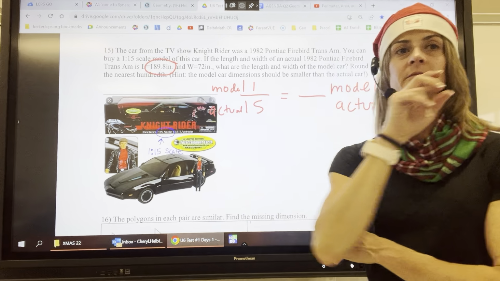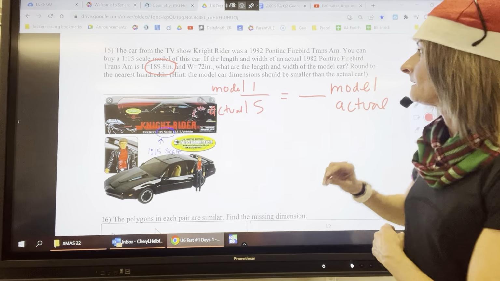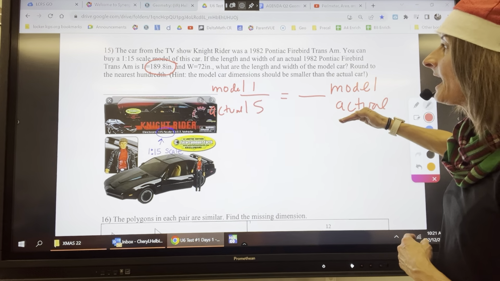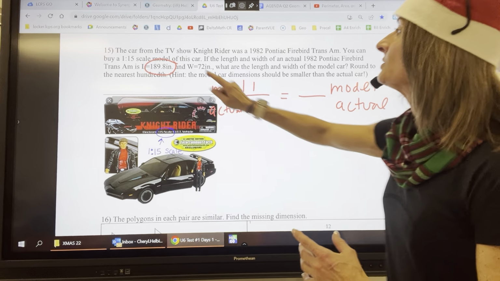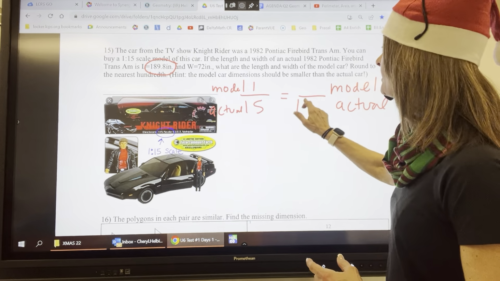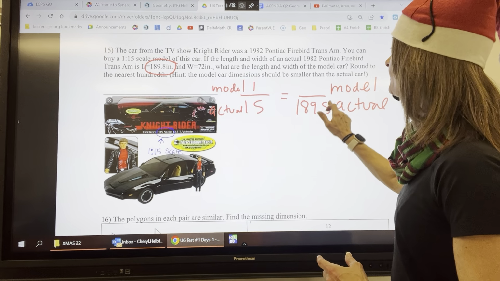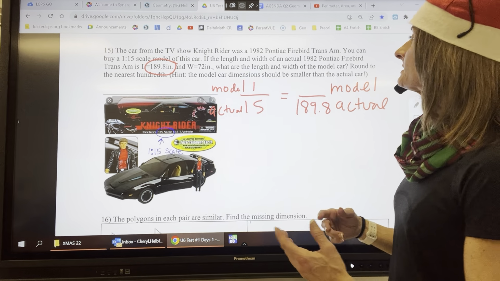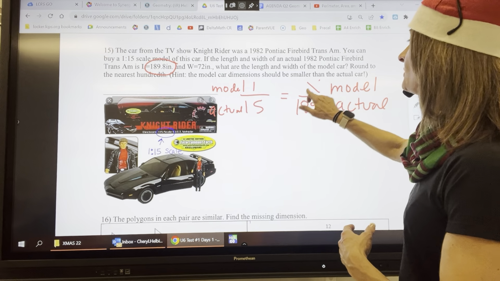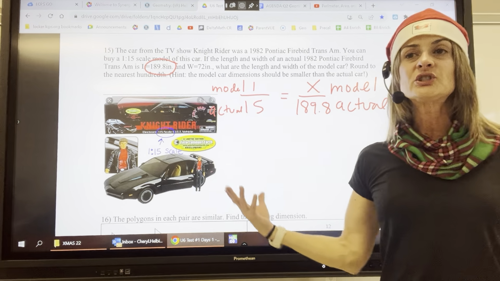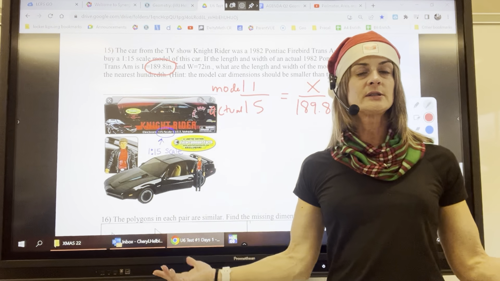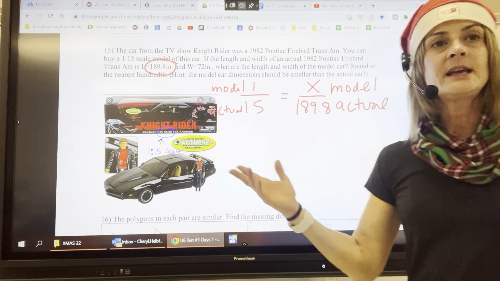Because we have to put the model number over the actual, and they're giving us what? Actual. So that number has to go down here. You got to put it in the right place. And then they're asking us what's the dimension of the model, so that's your x. Well, now you have three numbers and then one x, and now it's just like those proportions that we were solving. Now it's the same.